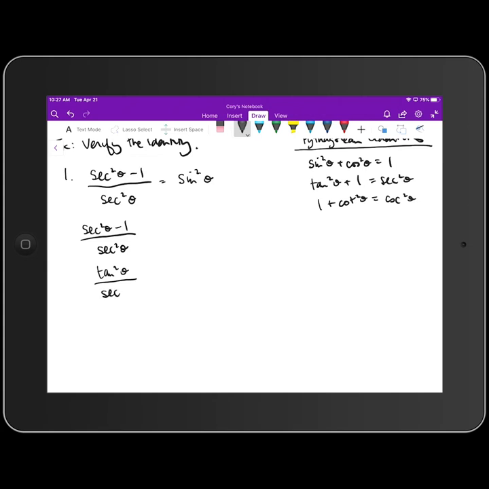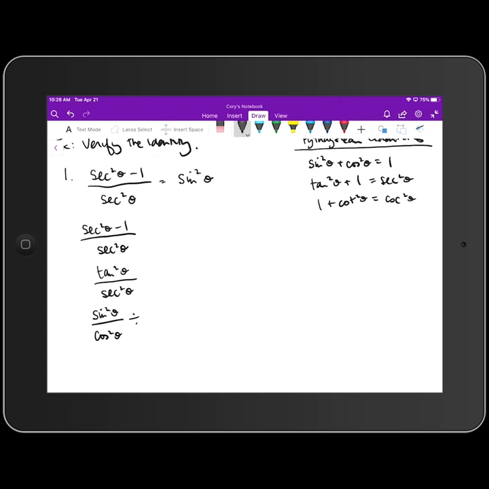which we're dividing by secant squared. When we look at the right-hand side, that's written in terms of sine only. So I want to take these two trig expressions and get them written in terms of sine and cosine. So tangent squared, we know, is sine squared over cosine squared.